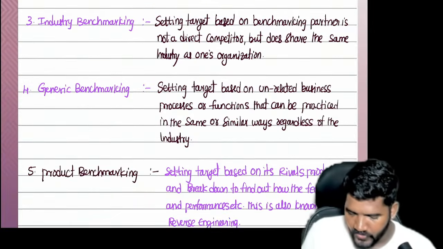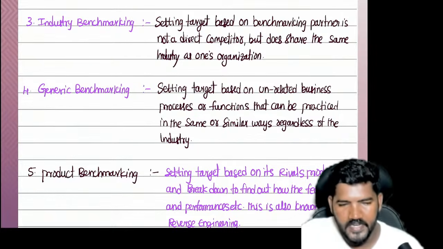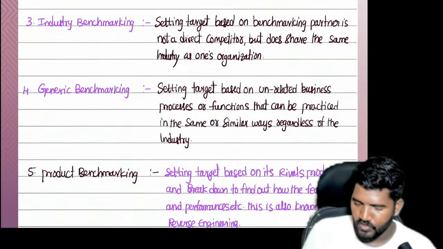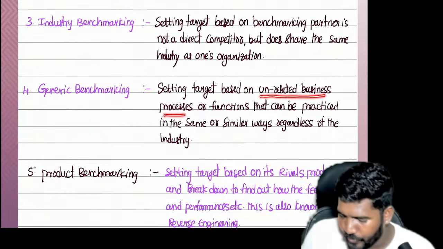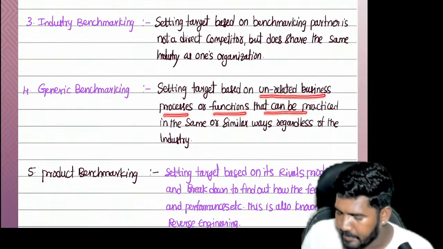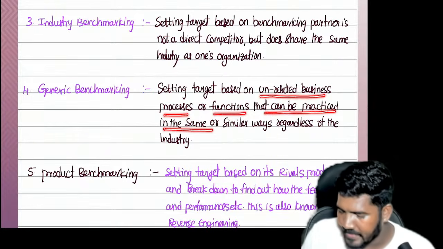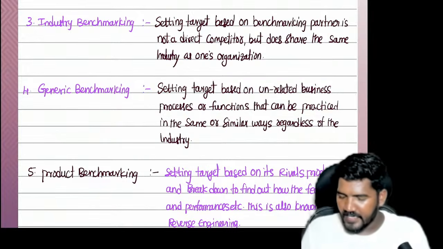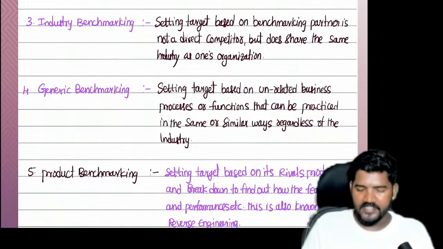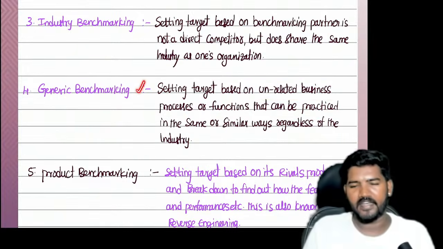Next, generic benchmarking. Setting a target based on unrelated businesses, processes, or functions that can be practiced in the same or similar ways regardless of the industry. So setting a target based on unrelated businesses is known as generic benchmarking.